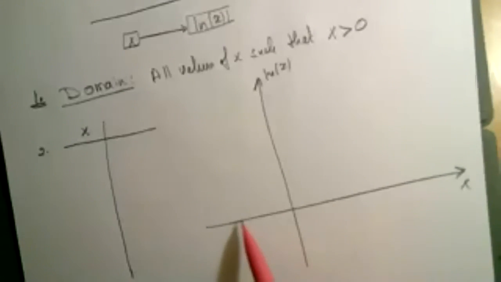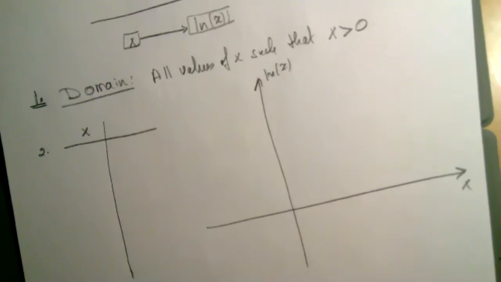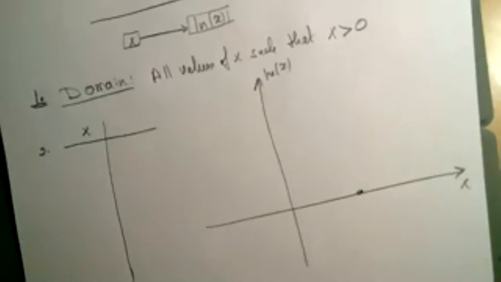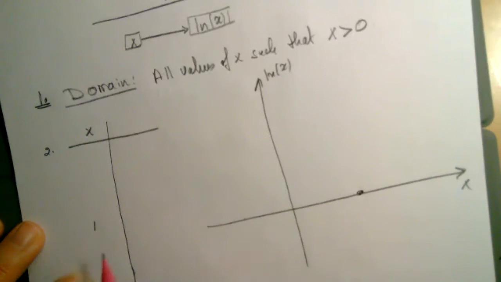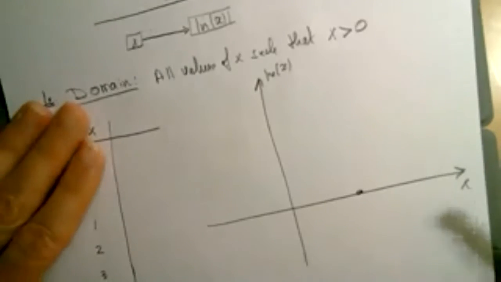I know that I cannot take any negative value because ln of a negative value is not defined. So I have only to take positive values. So I will take 1 and 2, 3, 4. No, sorry, my apologies.